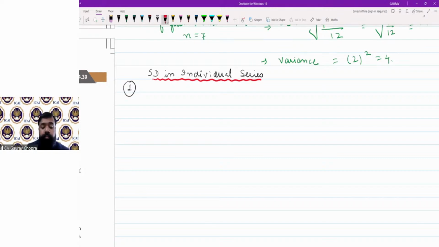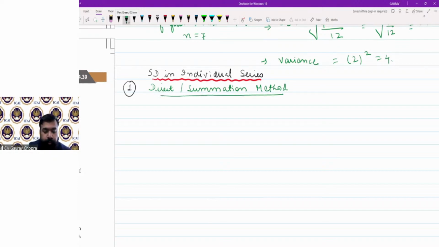We have done that individual series is the series which has only a variable. There is no frequency involved. So the first formula is known as direct method or summation method.